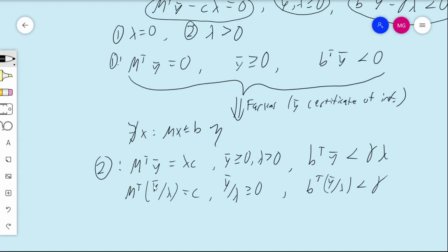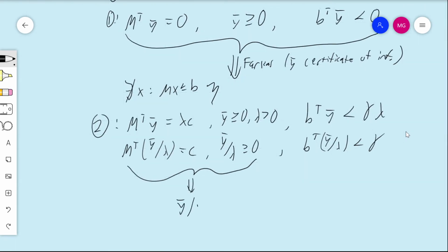Okay, but now if we take a look at these constraints, we get another contradiction, because this is a vector, y bar over lambda, and it's feasible for the dual, because it satisfies M transpose times this vector equals c. It's non-negative, so that makes it feasible. So these two parts together imply that this vector, y bar over lambda, is feasible for the dual.